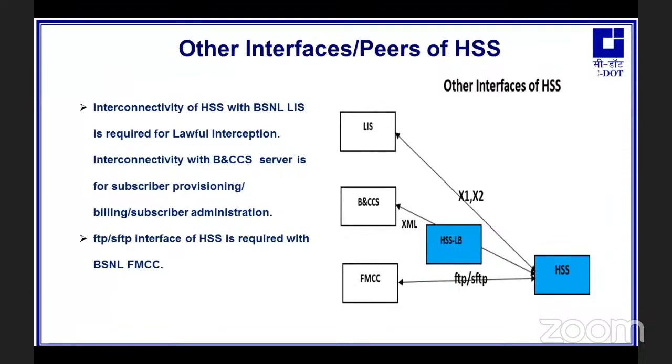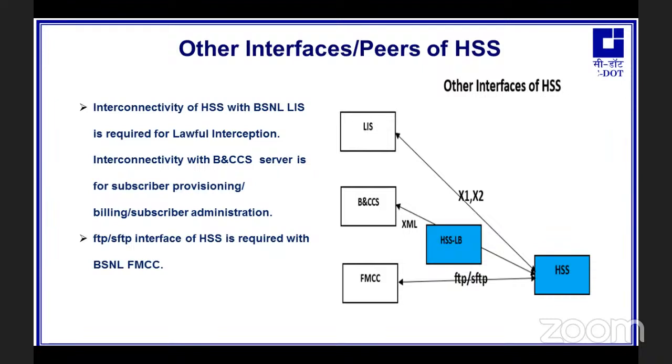If you are talking about the remaining interfaces or peers of the HSS, there will be different peers. So you can check, it will be integrated with the existing BSNL LI server. I think you are using PertSol LI server as on date. With the LI server, two interfaces come into the picture, X1 and X2.